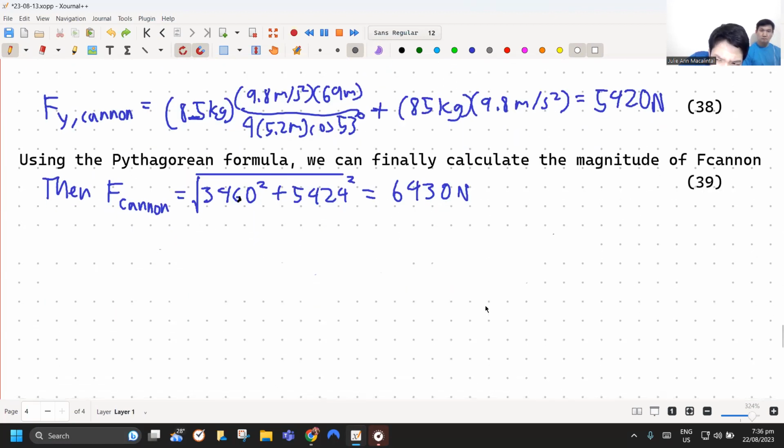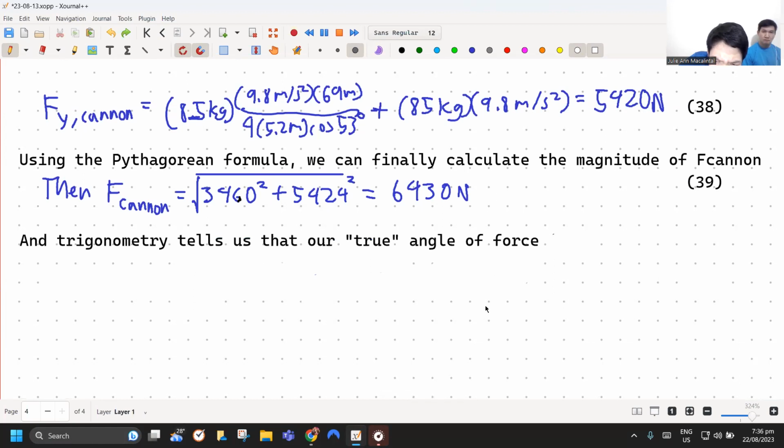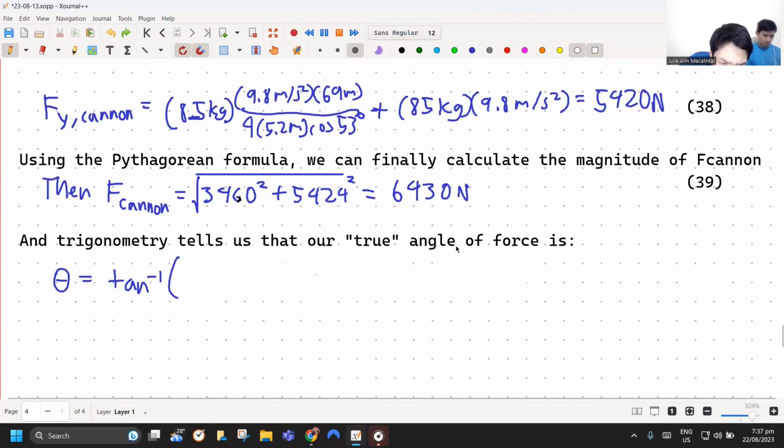And then finally, for the direction of the force, the true angle of force, so the angle that the force exerted on him is actually taking, not 53 degrees, because 53 degrees is only the inclination of the cannon, not his actual force. So theta is equal to the inverse tangent of the y component of F over the x component of F, because the forces are in a triangle.